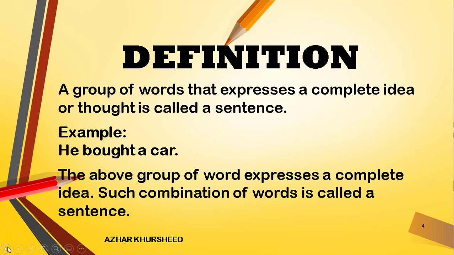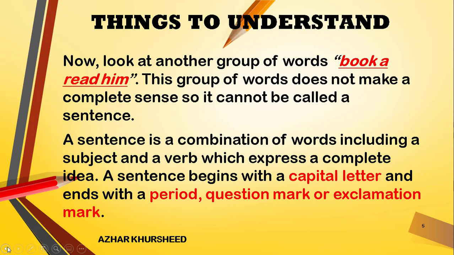Here I would like to say that not every combination of words, like two words written together, can be called a sentence. I'll tell you further in detail. Now look at another group of words: book, a, read, him. There are four words. According to the definition, a combination of alphabets that has a proper meaning is called a word.